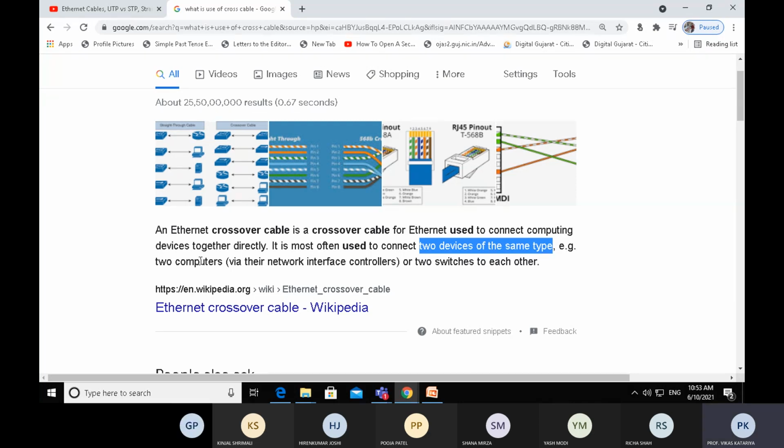Suppose you have two routers and you want to share some details between them, you need a cross cable. If you want to connect two switches, then you require a cross cable. So it is a cable used to connect two devices of the same type.